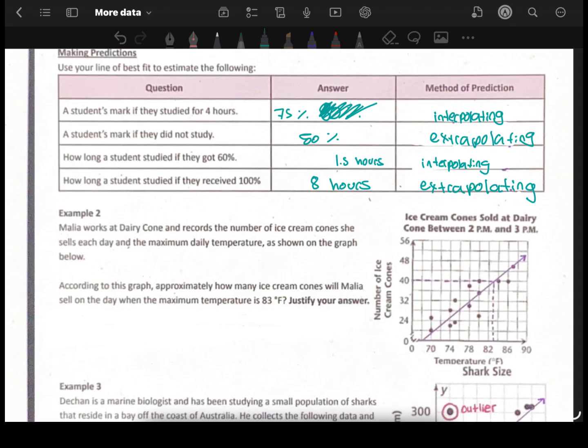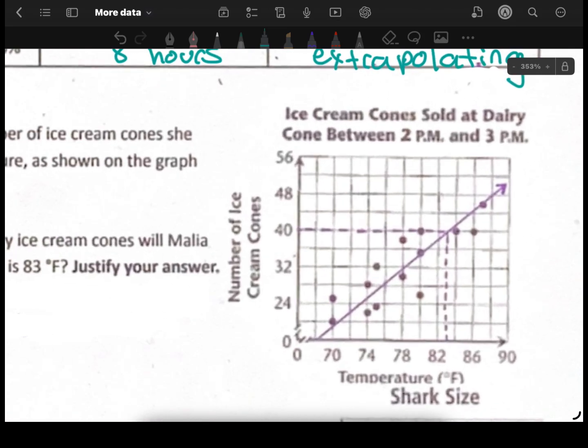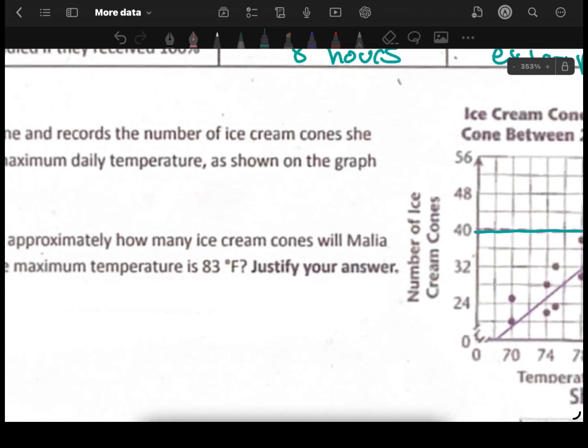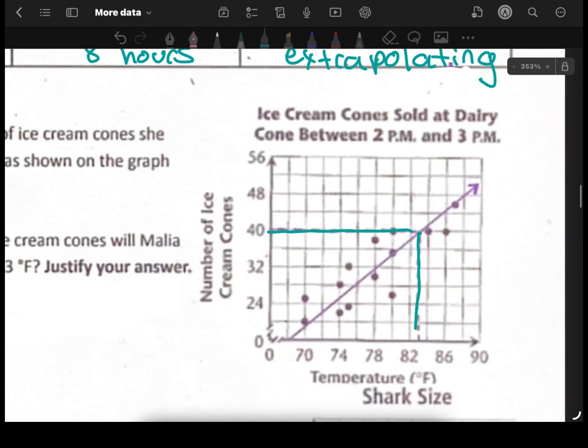Well, first thing we can see is that Melia would sell probably 40 cones, and we know this because if we look at the line of best fit, we've drawn a line of 40 to 82 Fahrenheit. This is around 83 actually.